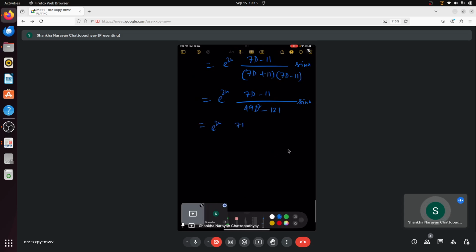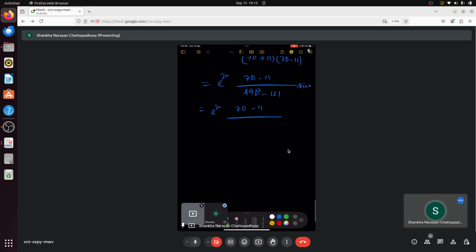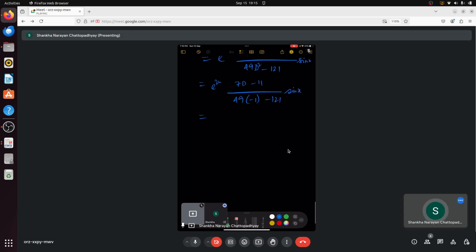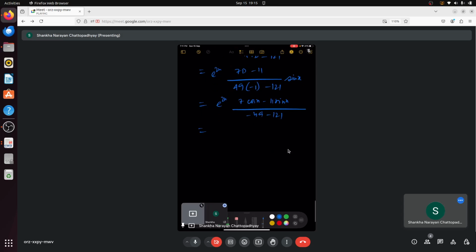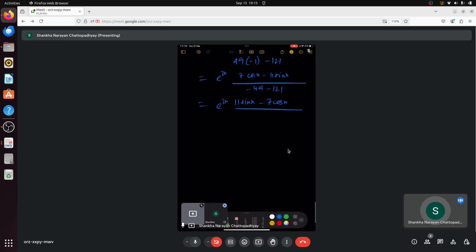Now your life is easy. e to the power 2x, 7D minus 11, with this use D squared as minus 1, minus 1 to 1, but still you have a problem. You have to operate on the numerator. So that will be 7 cos x minus 11 sin x, minus 49 minus 1 to 1, 11 sin x minus 7 cos x divided by 170.